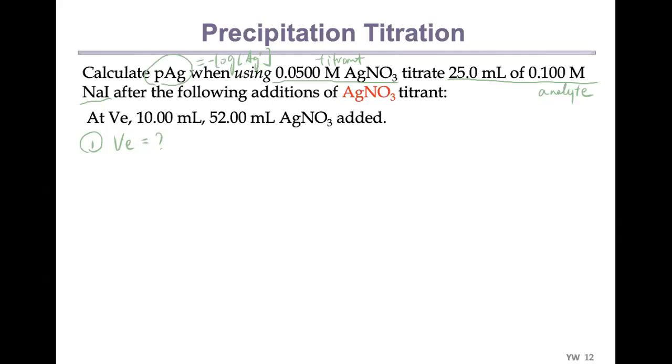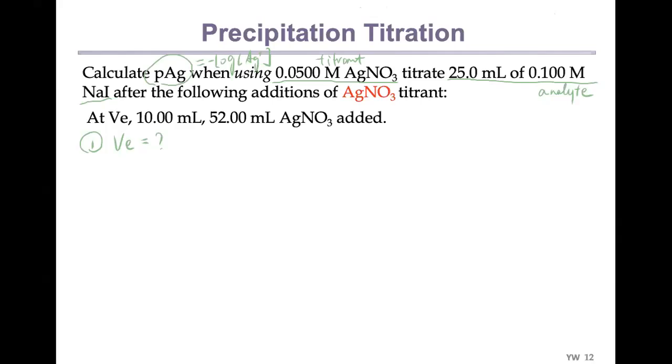How do we calculate VE here? Anyone? Do we add the original volume and the volume added?